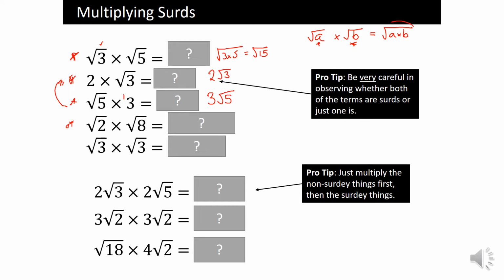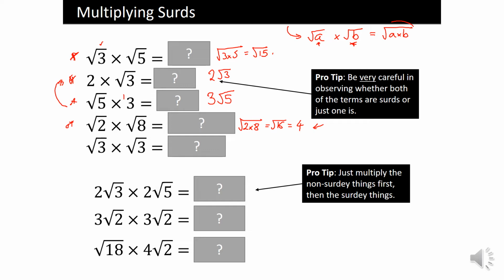For that one, we can use our rule from up here. So root 2 times root 8 is root of 2 times 8, root 16. You'd get a method mark for getting here, but to get the final answer, root 16 is 4. This is quite a common sort of question where you have to do the multiplication and then simplify. So just something to be aware of.